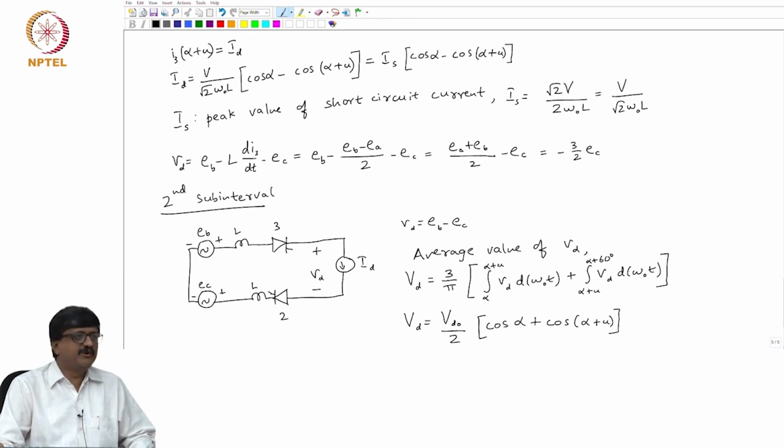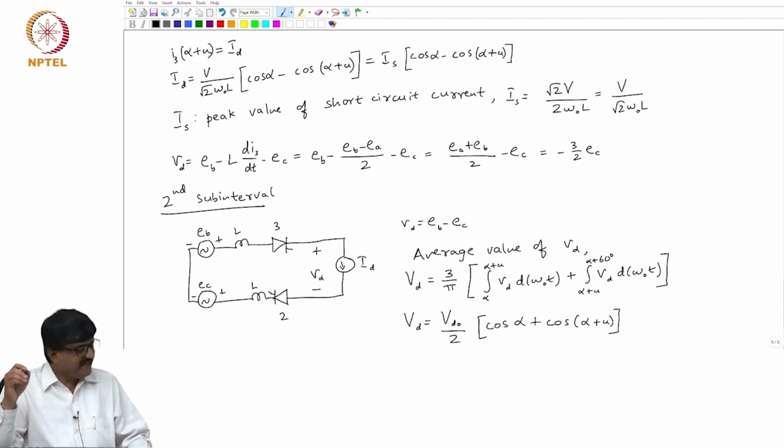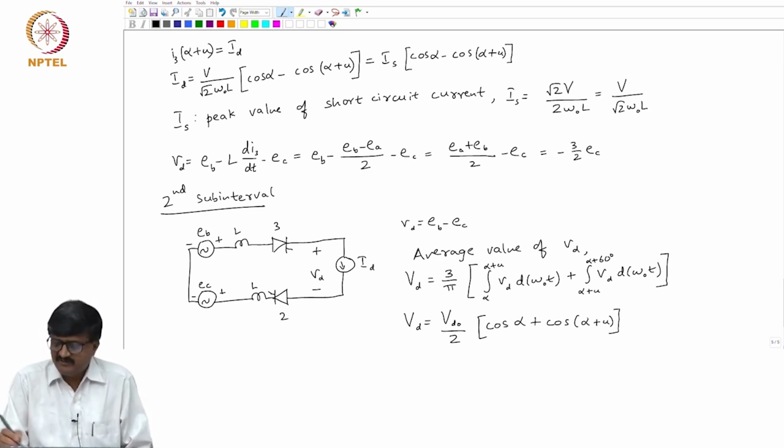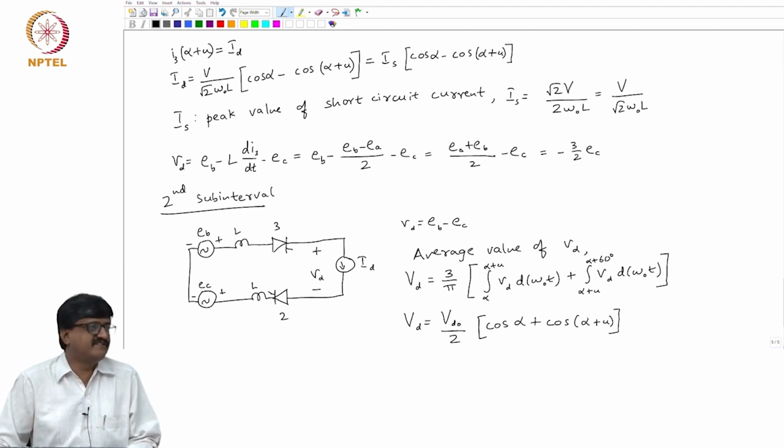You just put u equal to 0 and we get Vd as Vdo cos alpha. Now, due to u or L, is there a reduction in Vd or is there an increase in Vd? There is a reduction. So, we can actually quantify that reduction. We will just use this relation to see how much reduction is there.